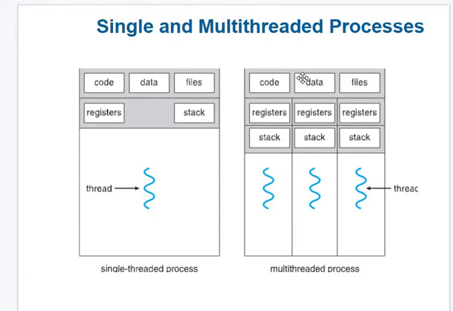Now, if a single thread is there and all the resources are available, this thread will never feel any difficulty. Whenever the thread needs, it will enter the code, enter data, and fetch files. Now if there are multiple threads, the first option is: when thread 1 is allowed to enter code, when thread 2 is allowed, when thread 3 is allowed.